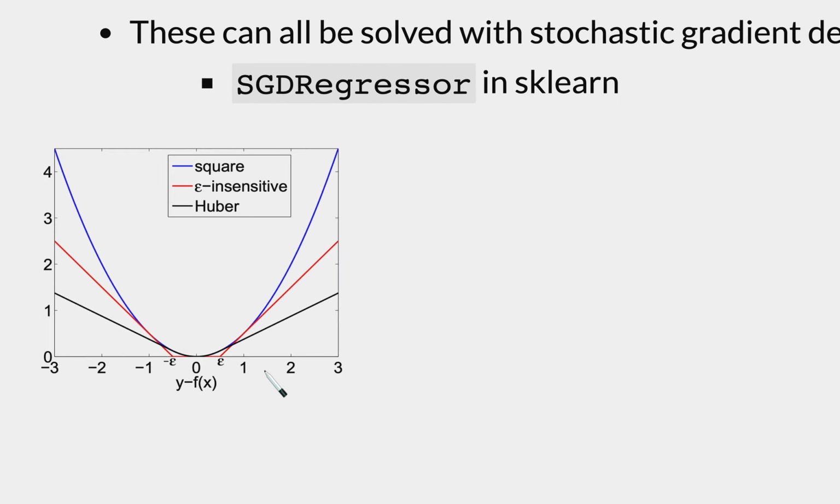It's shown here in black. It will be the same as the square loss up to a value epsilon. And after epsilon, it will have a linear penalty. So it becomes linear. Right?